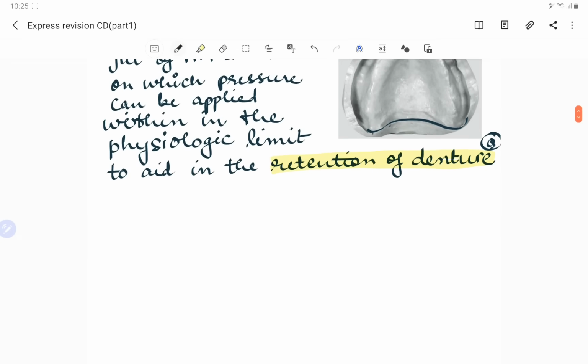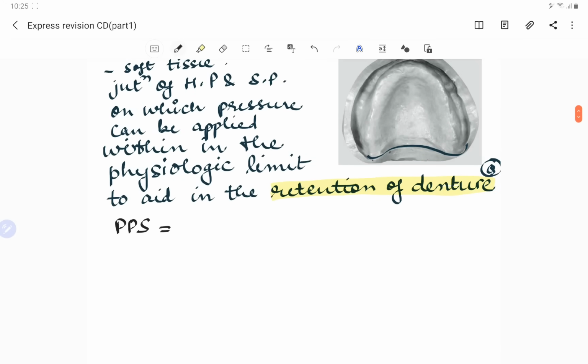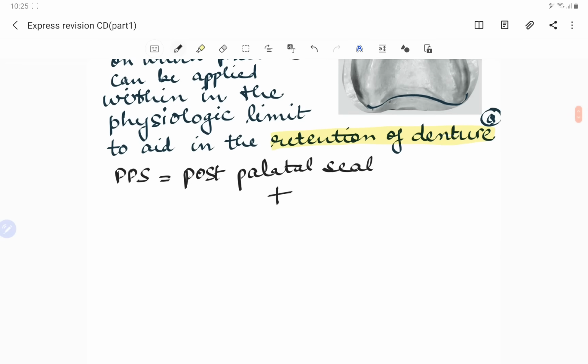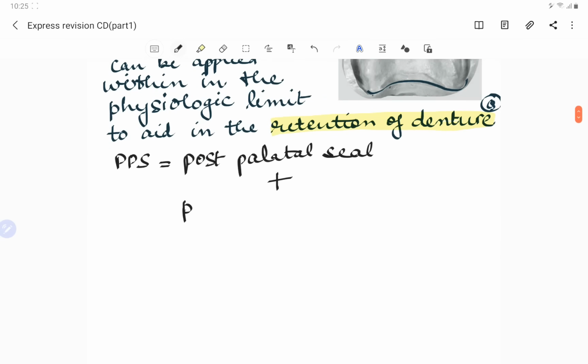Now talking about the PPS again, posterior palatal seal area, it is a combination of two things. One is the post palatal seal, plus it is pterygomaxillary seal.